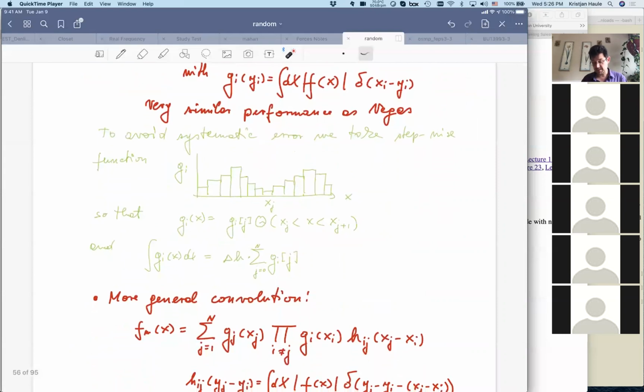Now there is a little issue here that I want to point out. Typically we cannot afford too precise a mesh. We're always limited to a few hundred points, and therefore we want to make absolutely sure that we don't have systematic error.